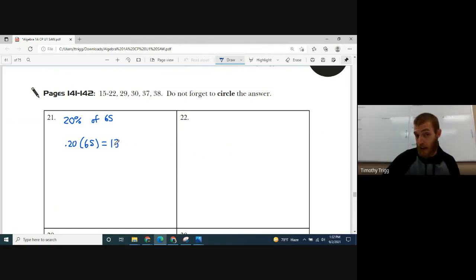This is the discount, the amount we're going to take off. So the original price was 65, but we're going to take off whatever that discount was. In this case, we're taking off $13. So that's going to be $52 is the final price of the tennis racket. It's a little bit trickier, but that's how it's done.